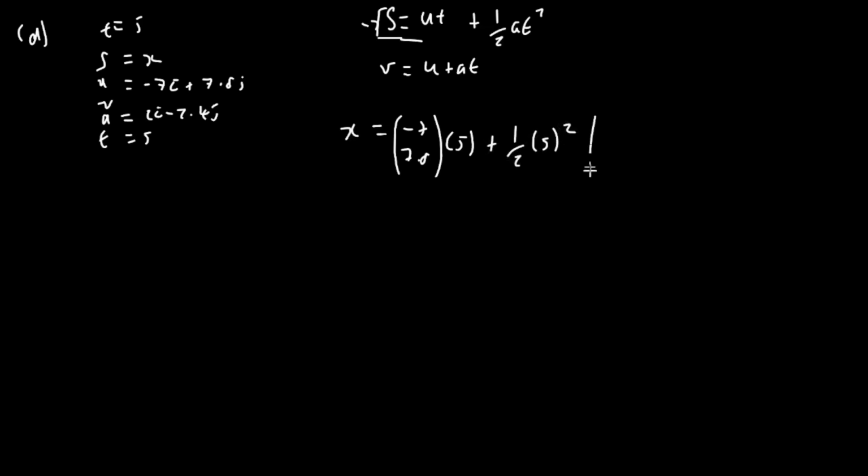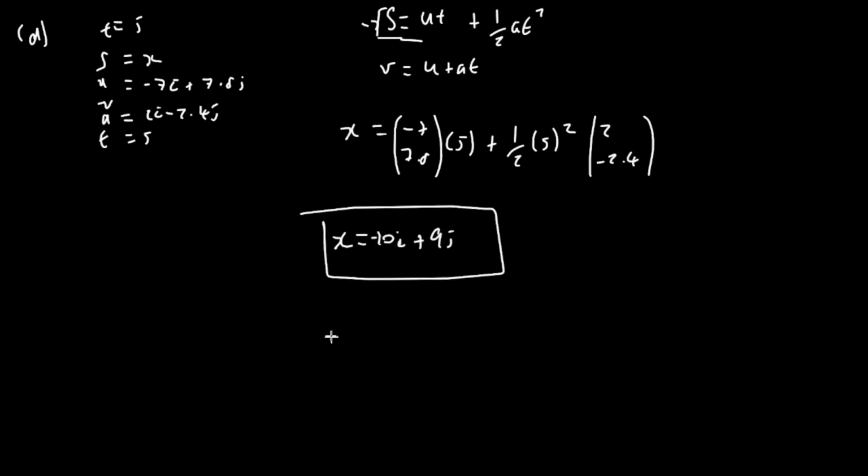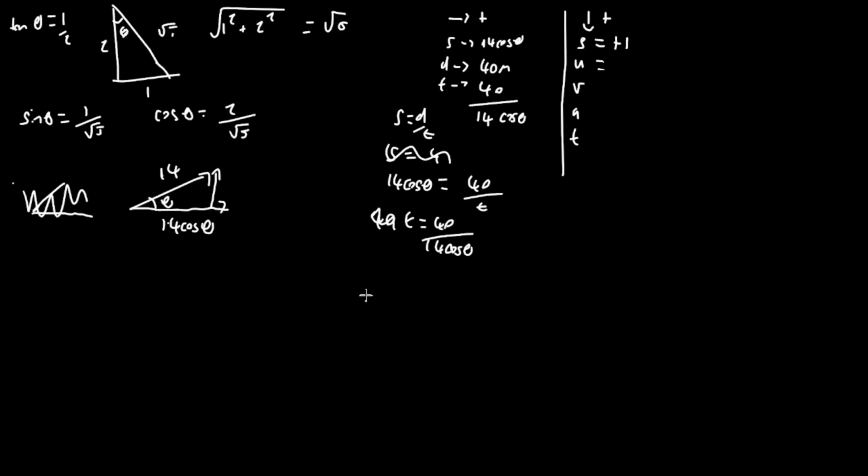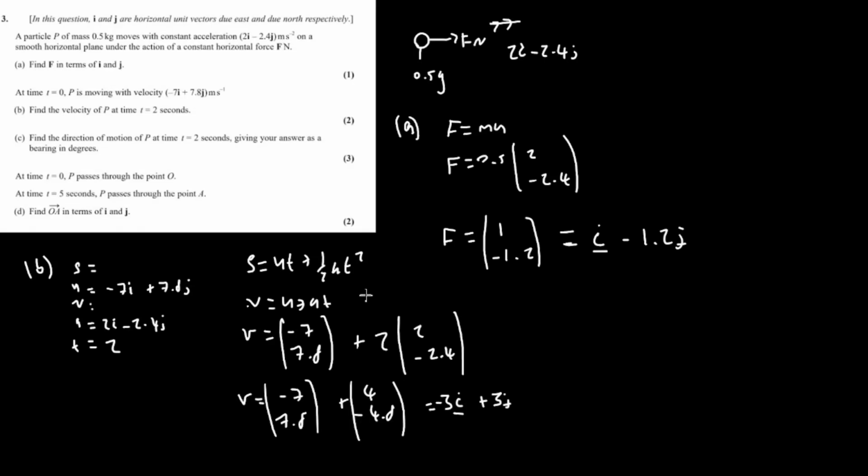I'm just going to write it like this. You'll see why in a minute. Okay, so instead of doing this in my head, I'm just going to slam this into my calculator to make sure I do not get it wrong. So to finish the question, OA equals minus 10i plus 9j. Done. And that is how you are not cooked for vectors. Thank you.